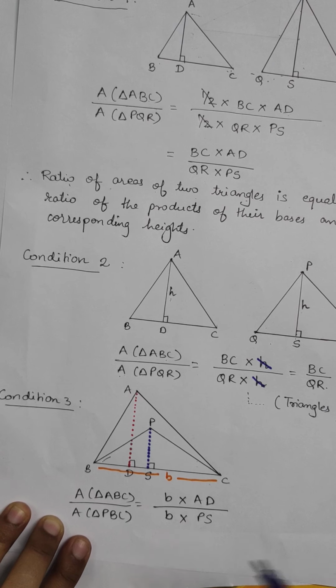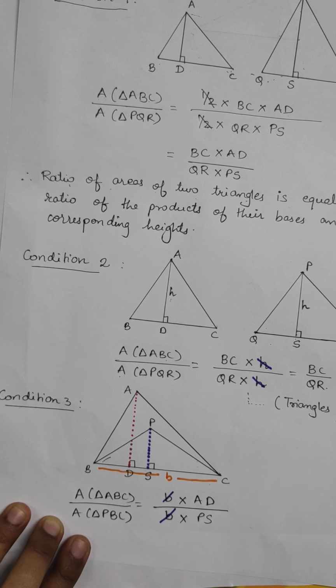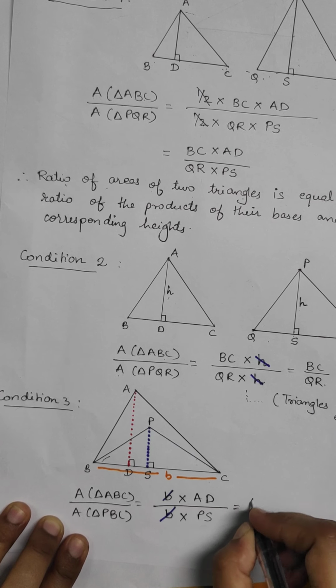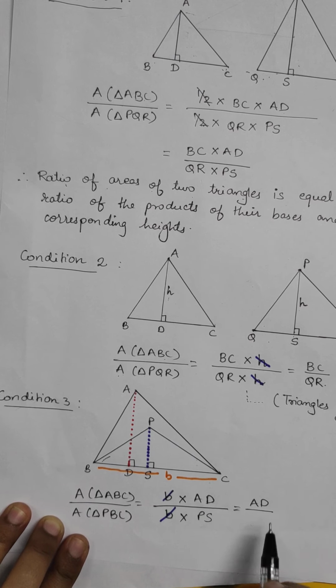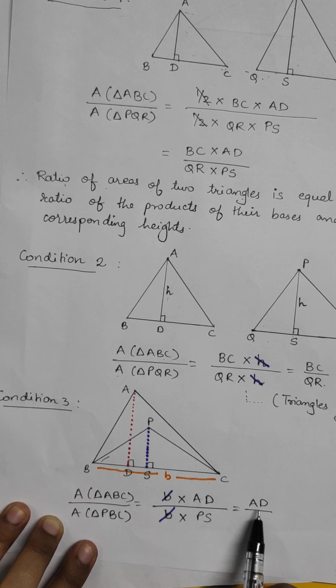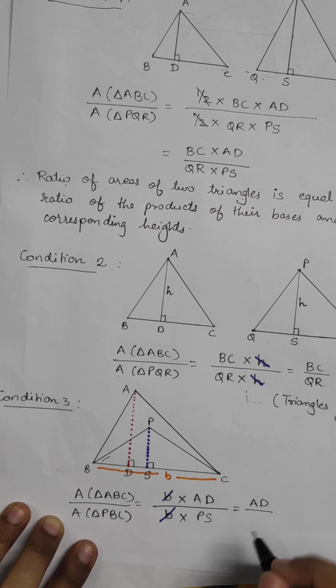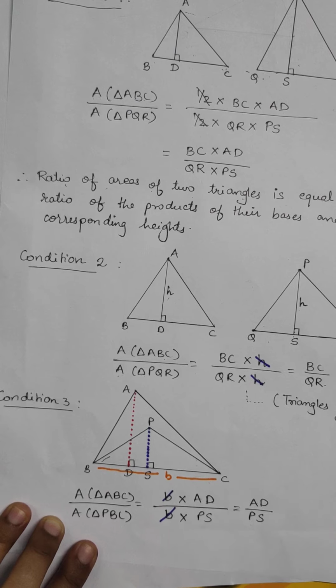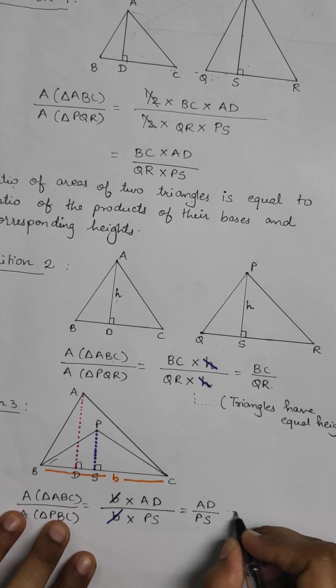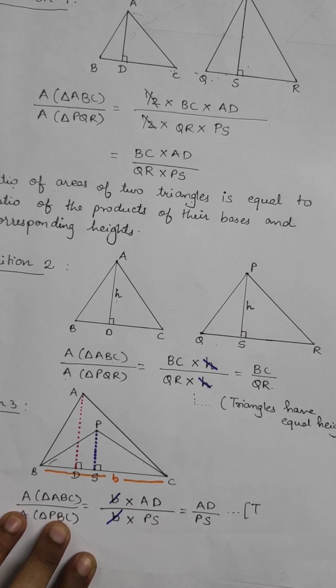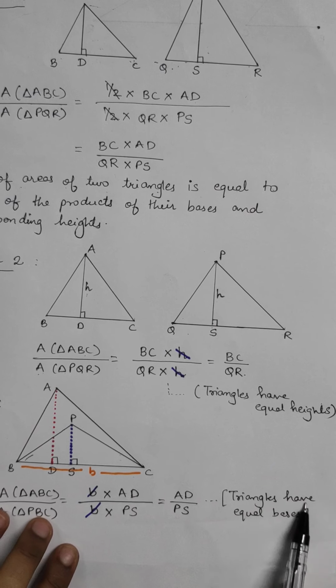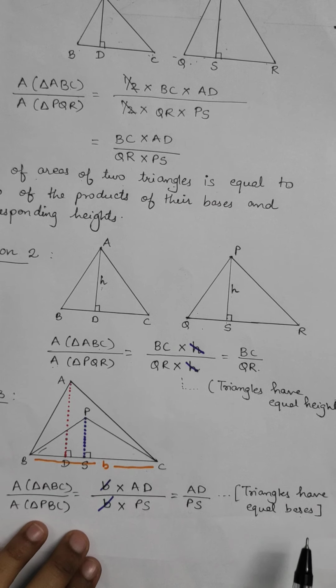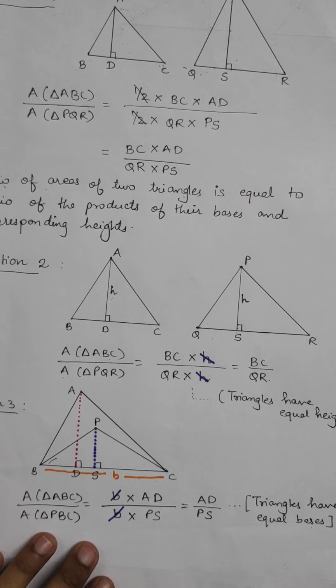So here B and B get cancelled. What remains with us is the ratio of the corresponding heights, AD upon PS. In this case, triangles have equal bases, right children?